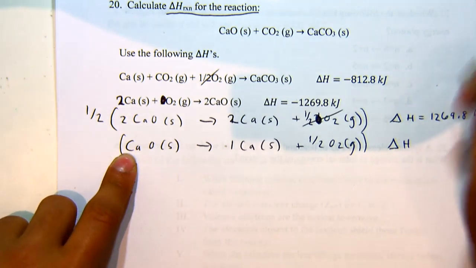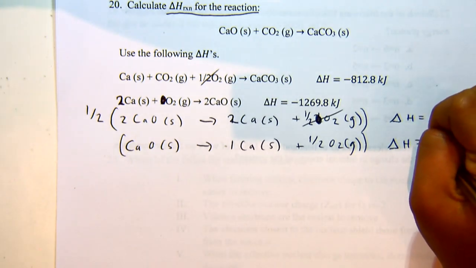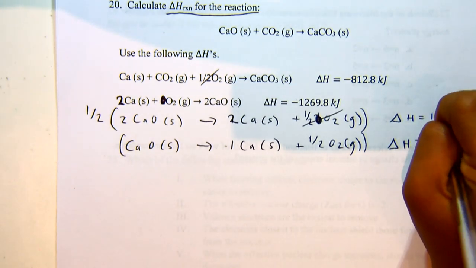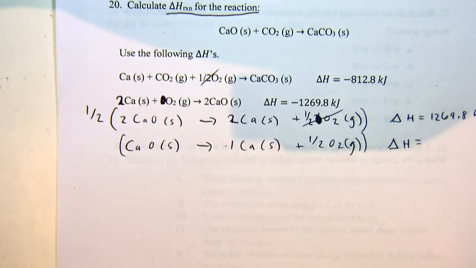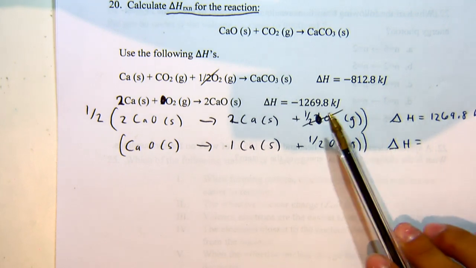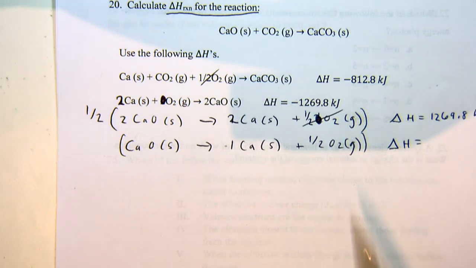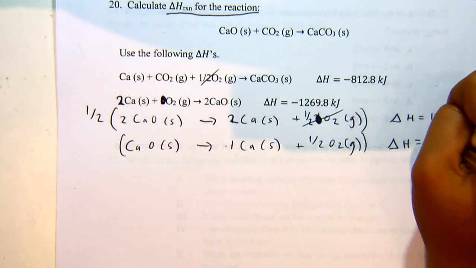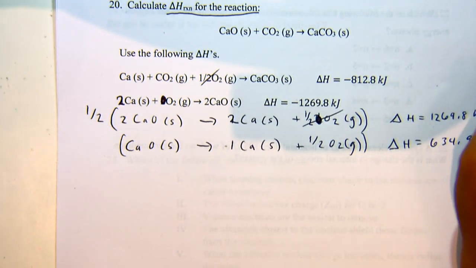And now you have to do the same for delta H. When you multiply delta H by 1/2, you end up with, thank you, 634.9 kilojoules.